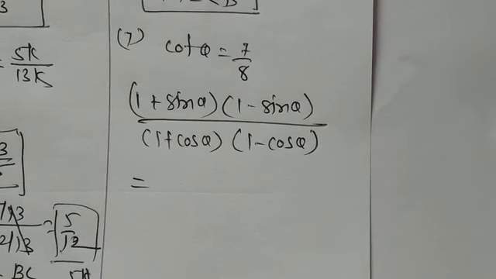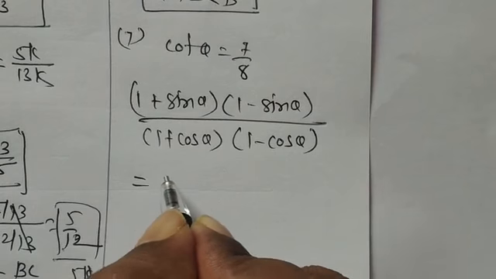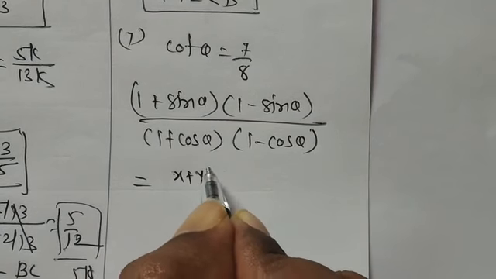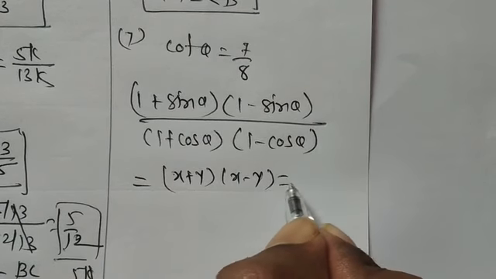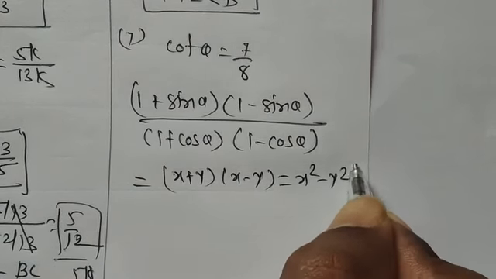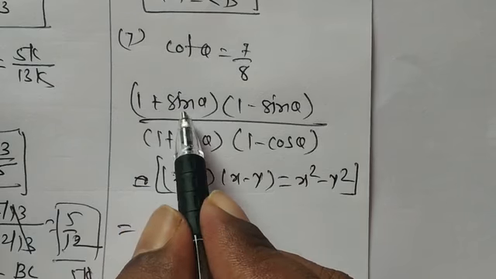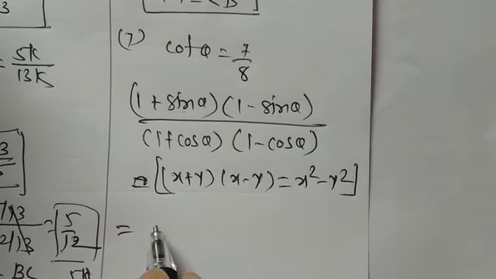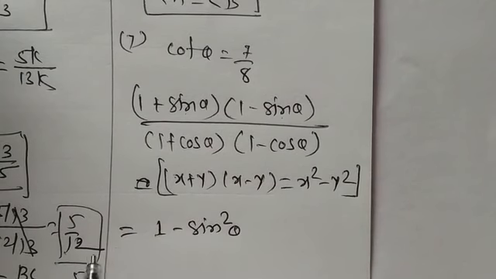Now let me do it. As we know, (x plus y)(x minus y) equals x square minus y square. Using this identity here, for 1 plus sin, 1 minus sin, I can write 1 minus sin square theta.